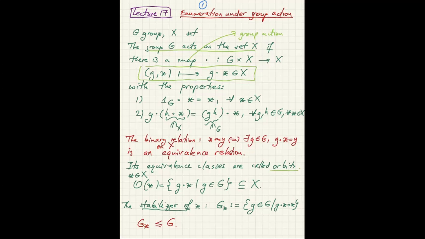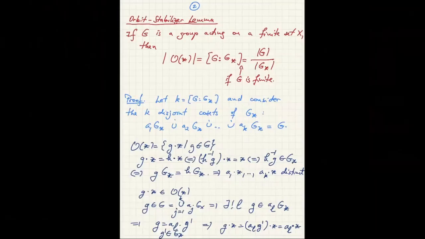So g acting on x doesn't change anything: g acting on x equals x. And we showed last time that the stabilizer of any element is a subgroup of G.